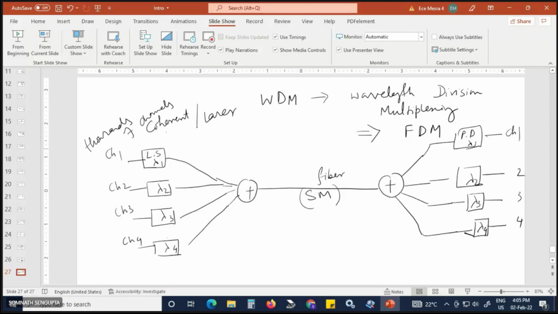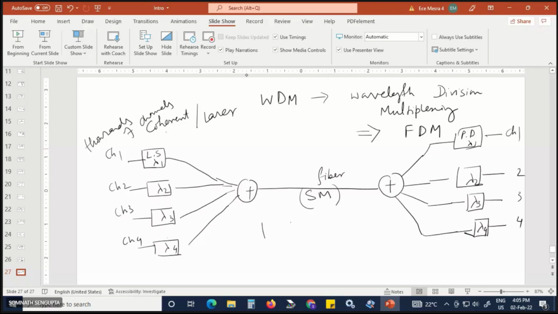So using these 4 wavelengths in a WDM system, lakhs of channels can be transmitted over a single fiber. Nowadays, 100 wavelengths, 120, I think.